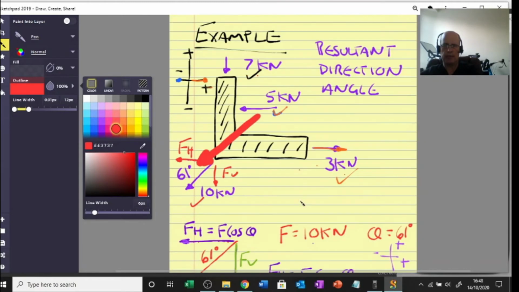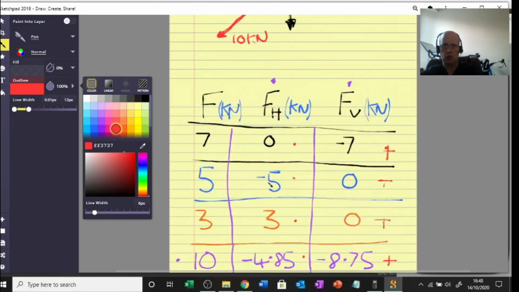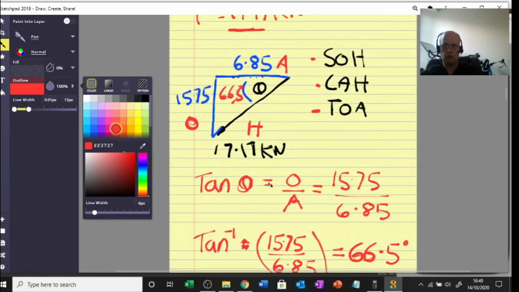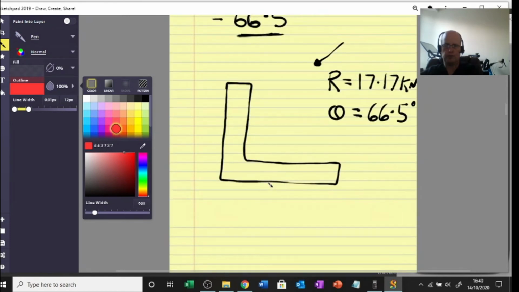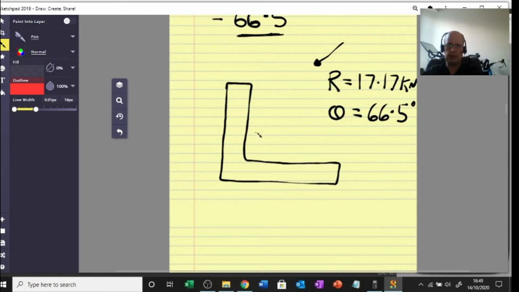So that's why it's coming down like this. We've worked it out.